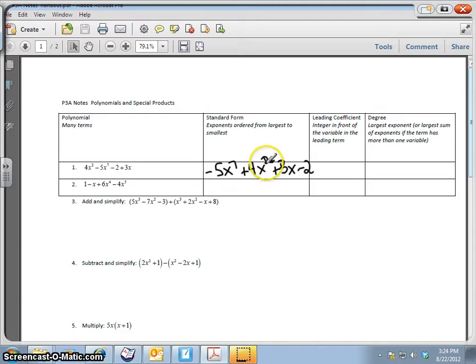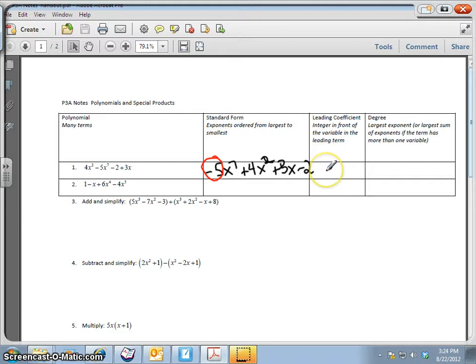You'll notice that my exponents start large and get small: 7, 2, 1, none.